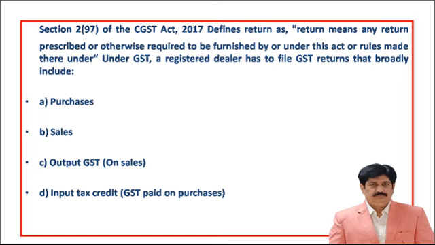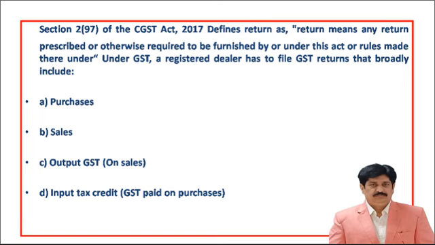Under GST, a registered dealer has to file GST returns that broadly include what we have already seen. Let us have a glance once again. Purchases information, sales information, output GST. Output GST means on sales.